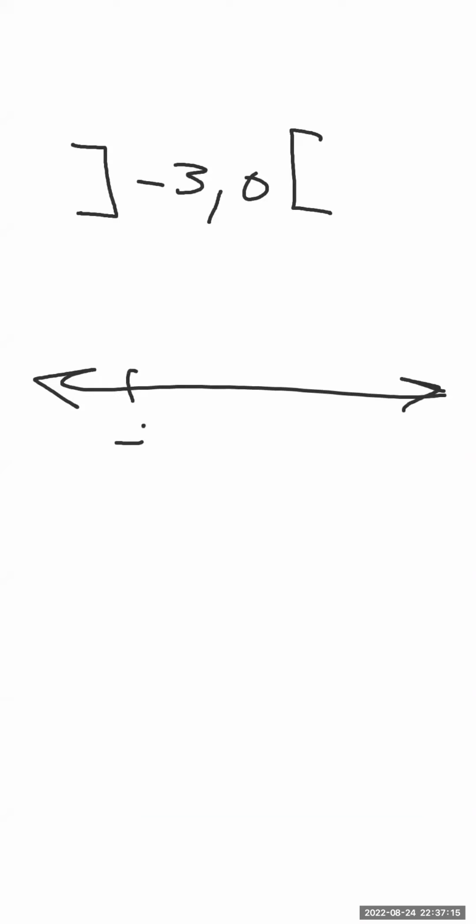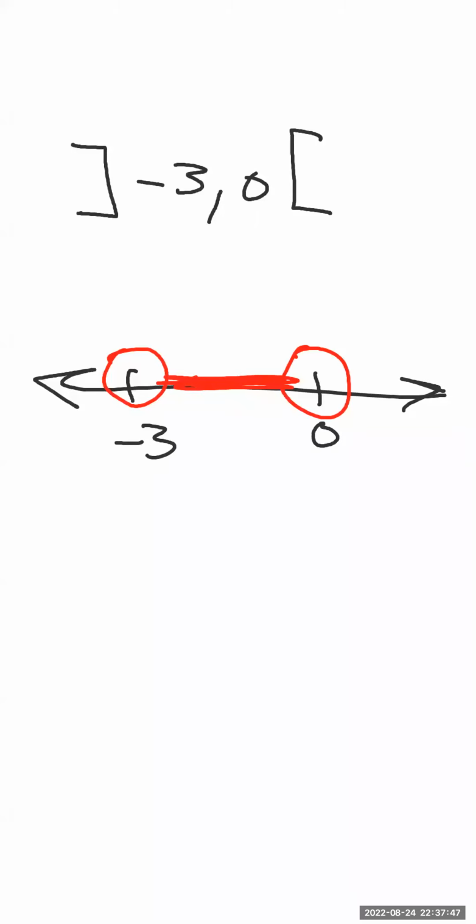This one -3 and this one 0, because of course the negative number is on the left of 0. That's why I wrote -3 here and then 0, right? Then both of the two elements are open, so unshaded. Shade the distance in between. So is the representation correct, guys? Okay, great.